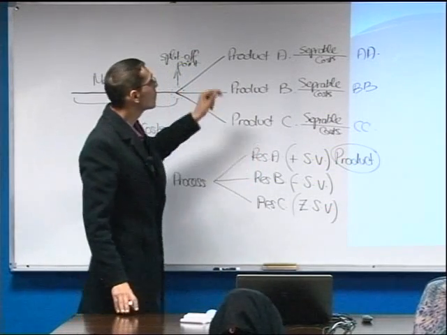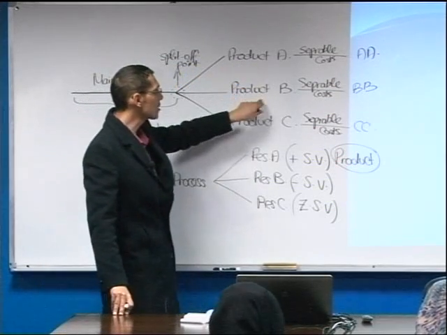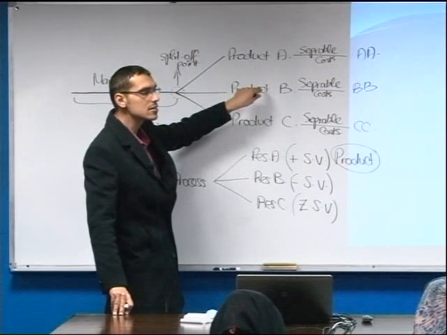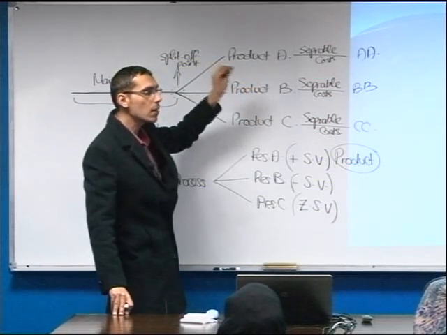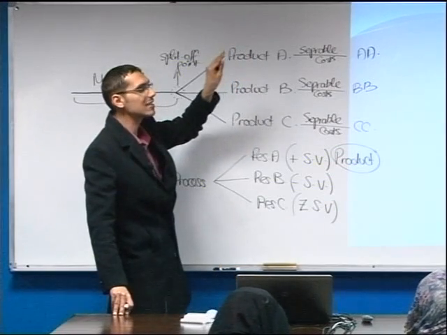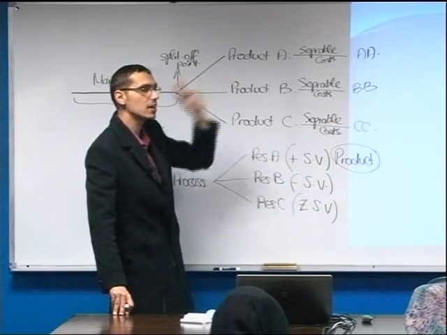Therefore, if we consider our first example, product A, product B, and product C, all these results have a positive sales value. Why? Because we do not call a product unless it has a positive sales value.